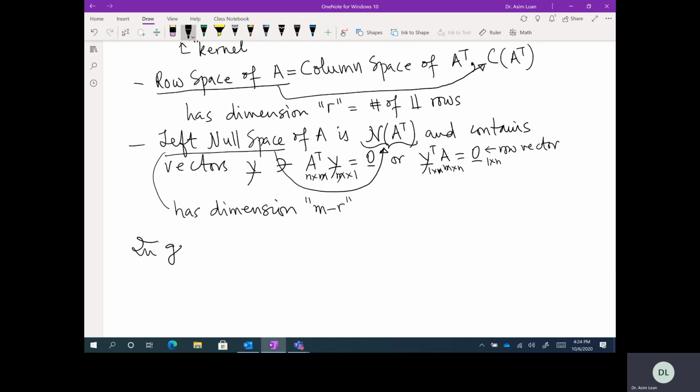So in general, the number of columns equals the rank of the matrix plus the number of free variables.